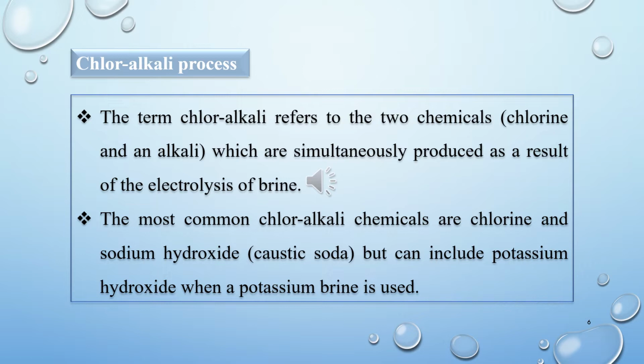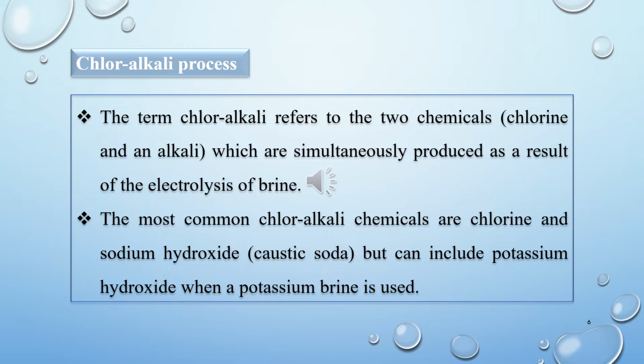Dear students, he said that the chloralkali word refers to two chemicals. As you see from the name, chlor means chlorine, alkali means alkali or a base, which are produced simultaneously as a result of electrolysis of brine.